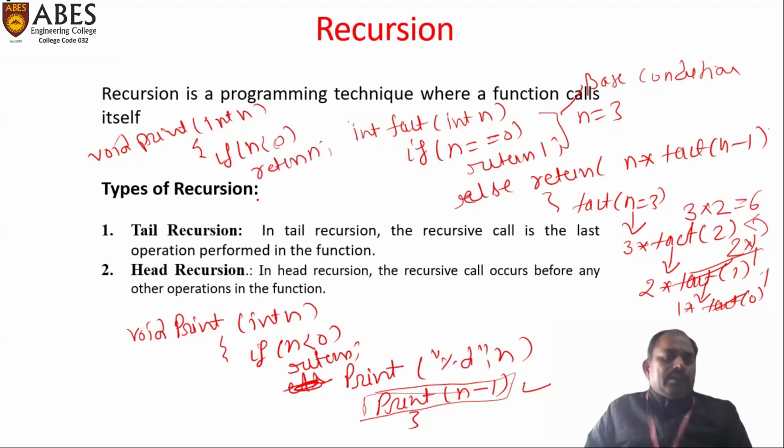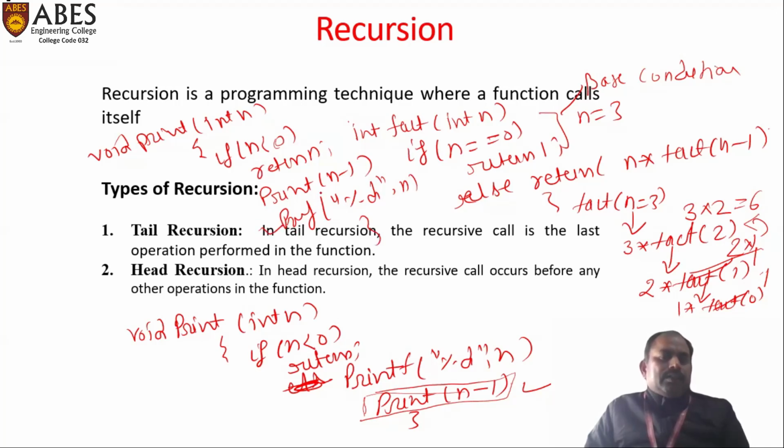Else we call print(n minus 1) before the print statement. It is printf, not print. So printf("%d", n). Here we write this statement after the recursive call. So this is called head recursion: the recursive call comes before this statement.